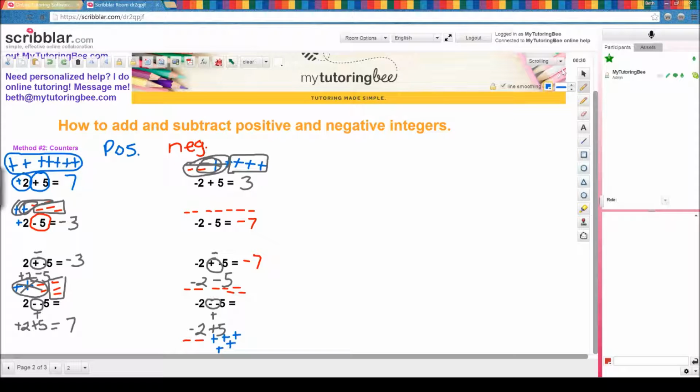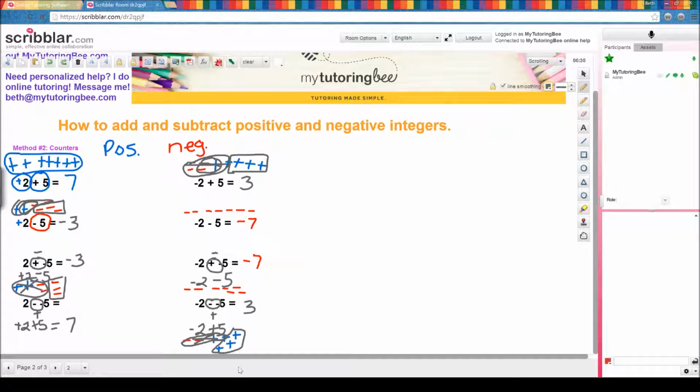And 2 of my negatives are going to cancel out with 2 of my positive signs. So I'm going to just circle those and cross it out, get rid of it, and I'm left with these 3 positives. So my answer is +3.